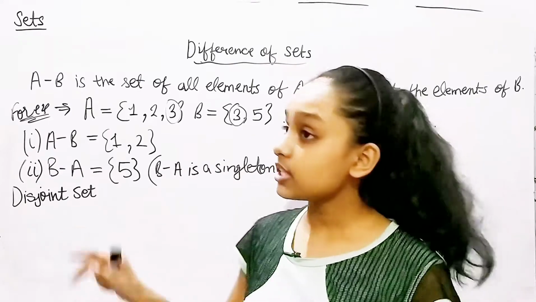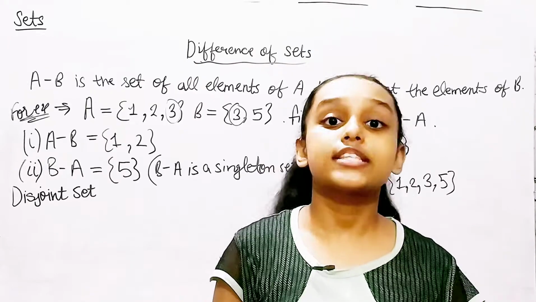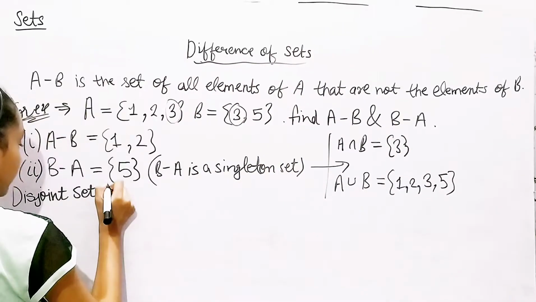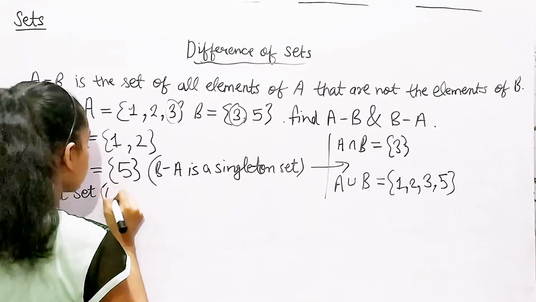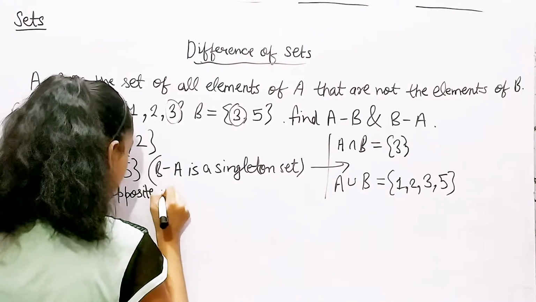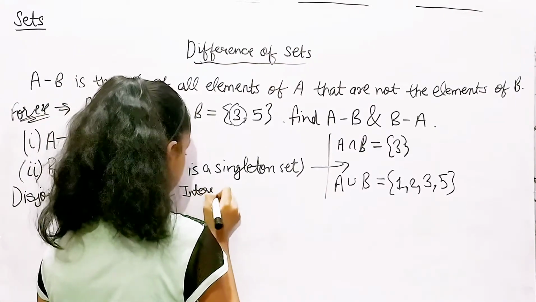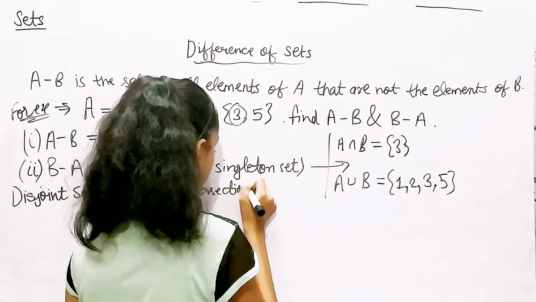So disjoint set is actually the opposite of intersection of sets. Okay, let me write it in the bracket. So it's going to be the opposite of intersection of sets.